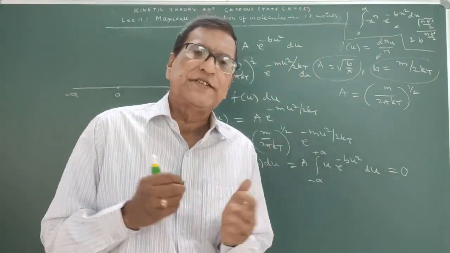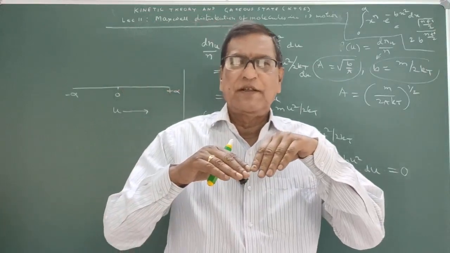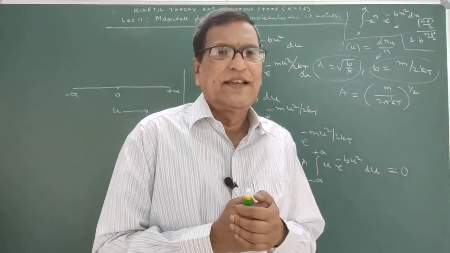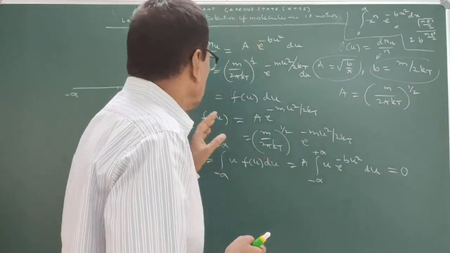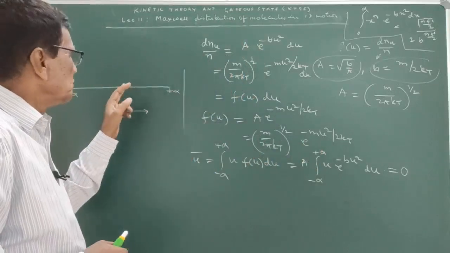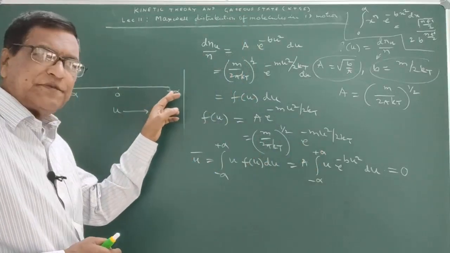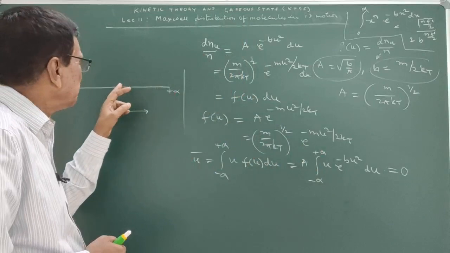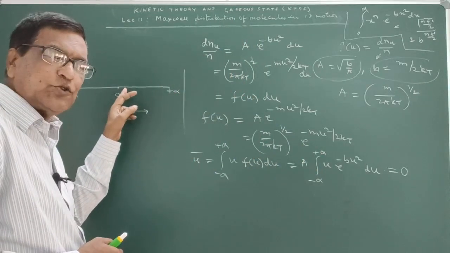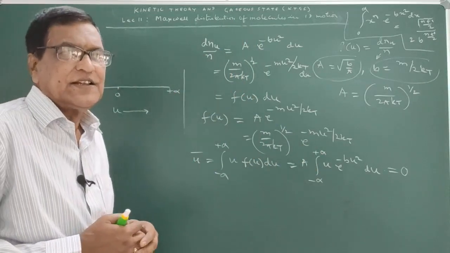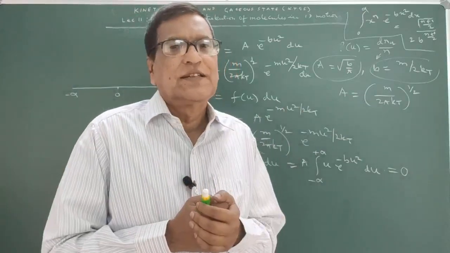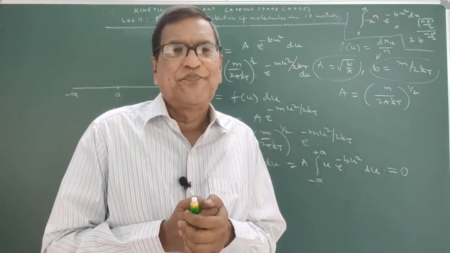This is very interesting to interpret physically. Half of the molecules are moving from 0 to plus infinity, and half of the molecules are moving 0 to minus infinity. So the average value is equal to 0.